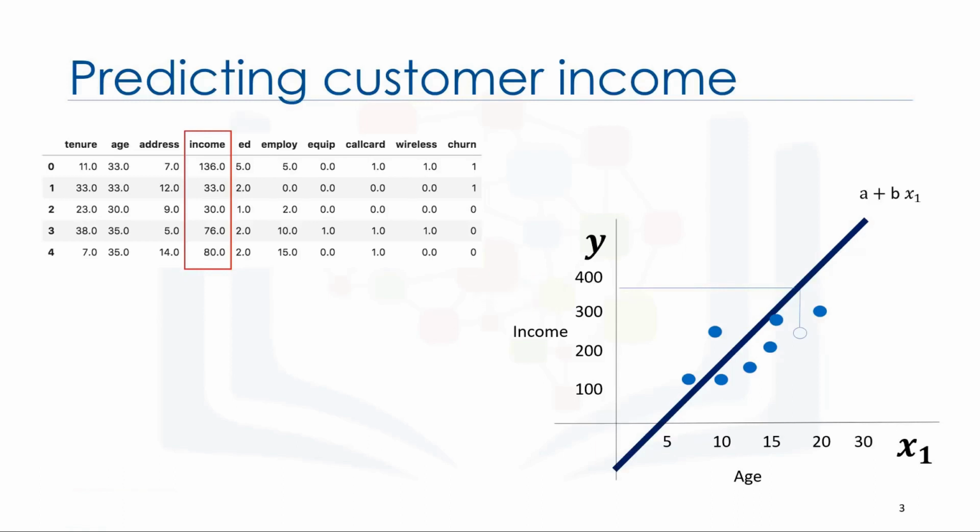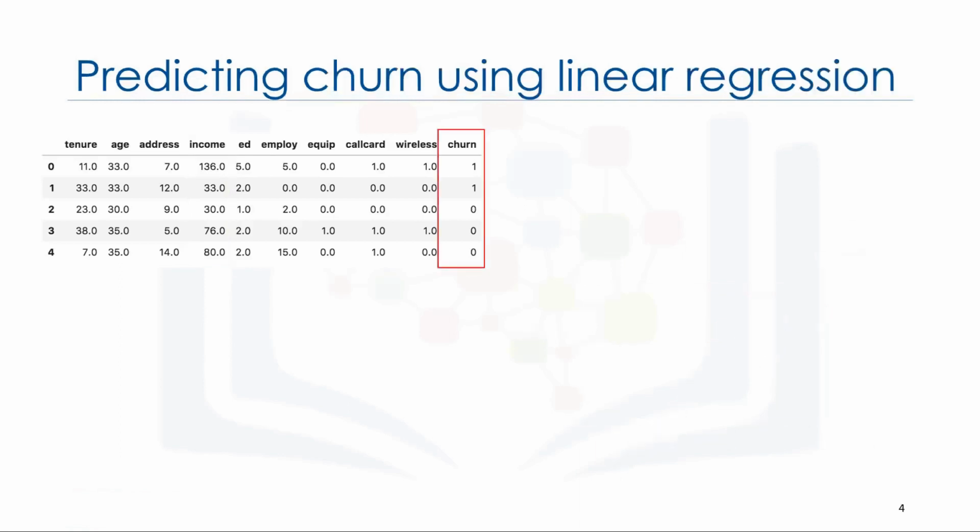This line has an equation shown as a plus b x1. Now, use this line to predict the continuous value y. That is, use this line to predict the income of an unknown customer based on his or her age. And it is done.